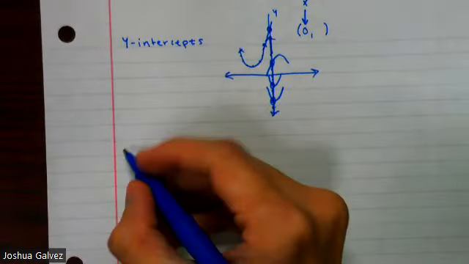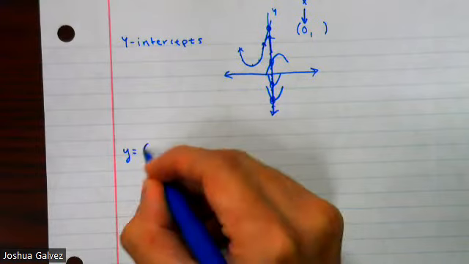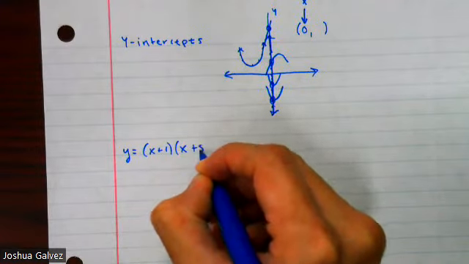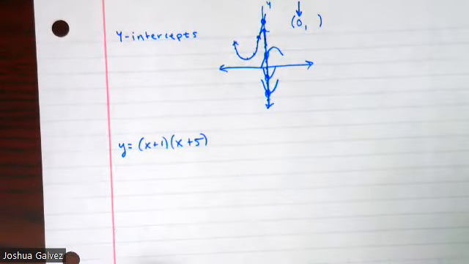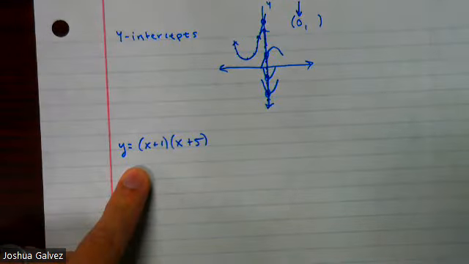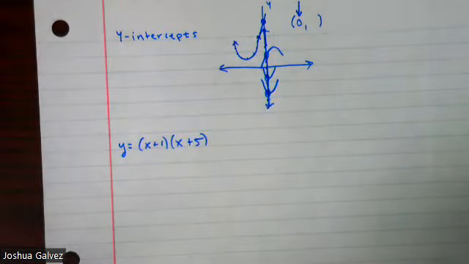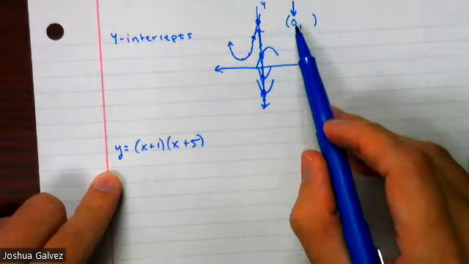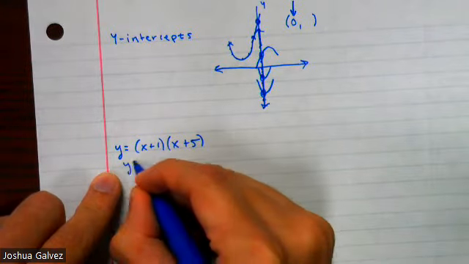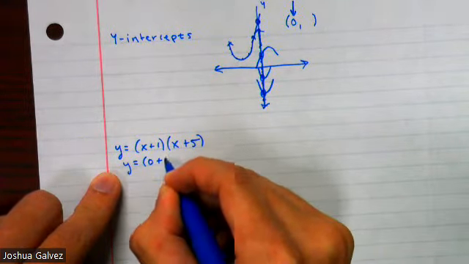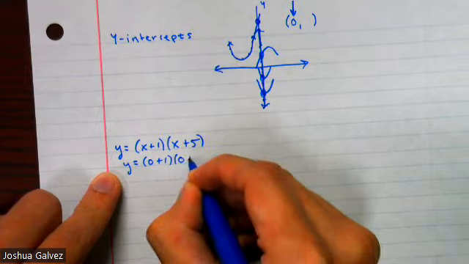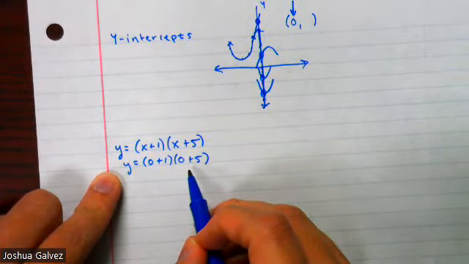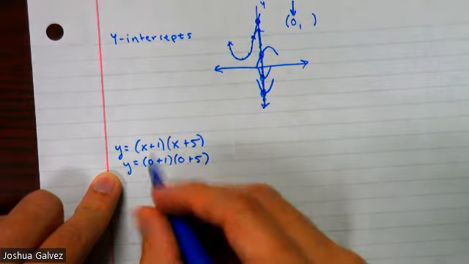Okay, let's take a look at a problem like this. Here, this is a factored form of a quadratic, and let's say we want to find the y-intercept. Since we know that the x-coordinate is 0, we can substitute zeros for these x's. Then we simplify using the order of operations.